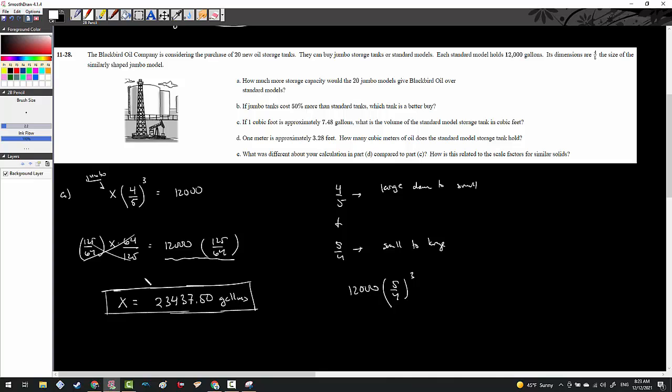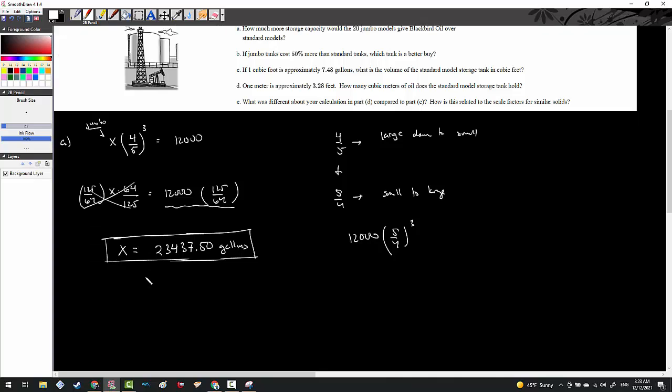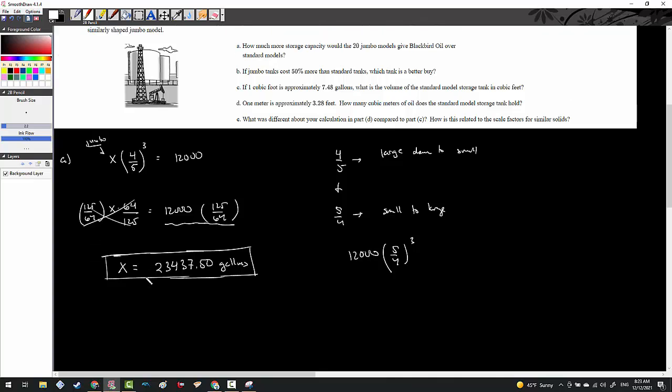23,437.5 gallons. So now it asks how much storage capacity 20 jumbo models would have over the standard models. So this is one of the jumbo models. I'm going to take this and multiply it by 20, and I'm going to get 468,750.